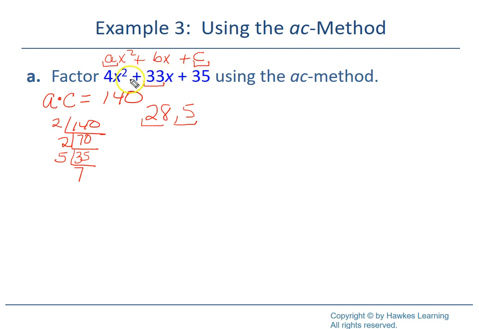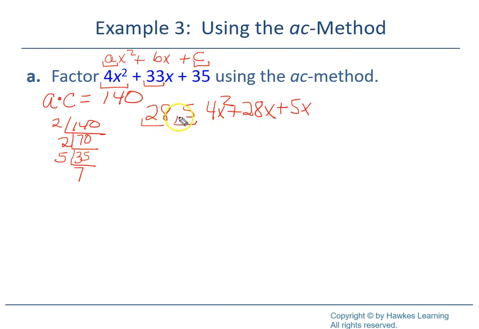Now what we do is we rewrite this trinomial into a 4-term polynomial. We keep our first term. That's going to be 4x squared. And then we're going to say this is a plus 28x. And then this is going to be plus 5x.